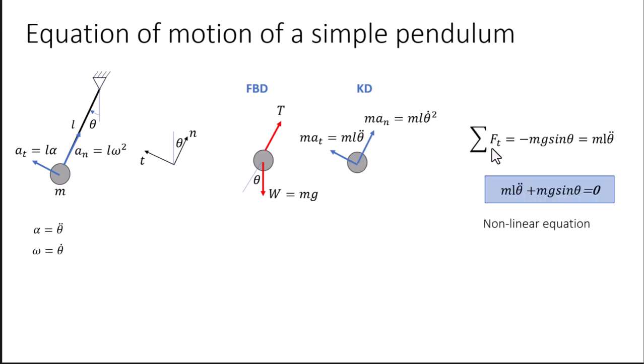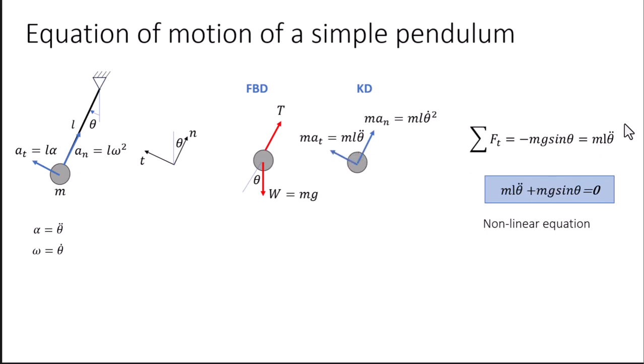If we add forces in the tangent direction, we will not have the contribution of the tension. We will only have the contribution of the weight, mg sine of theta, in the negative direction, opposite to what I defined as positive tangent direction, and then we have the mass times the tangent acceleration.